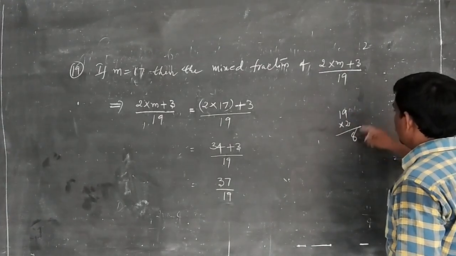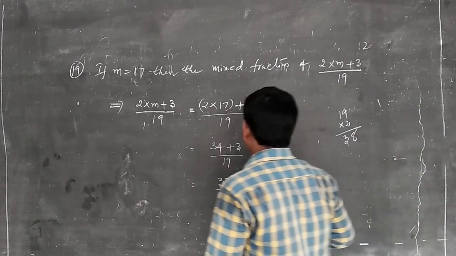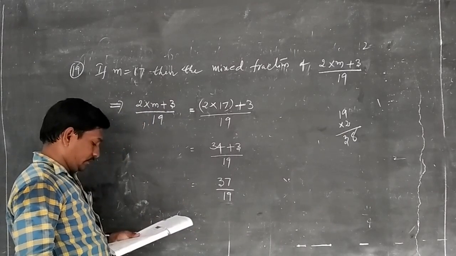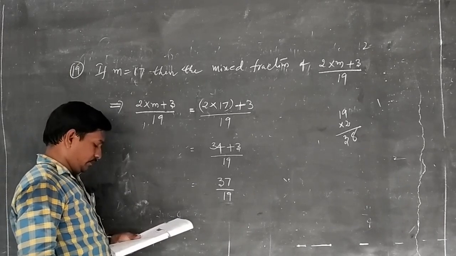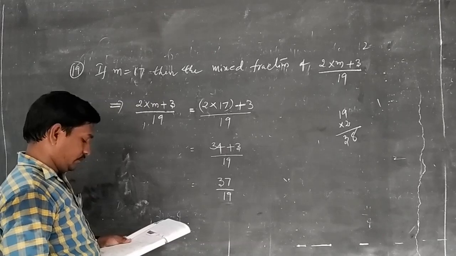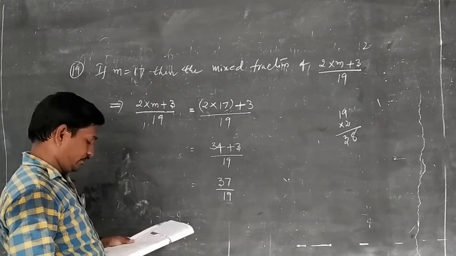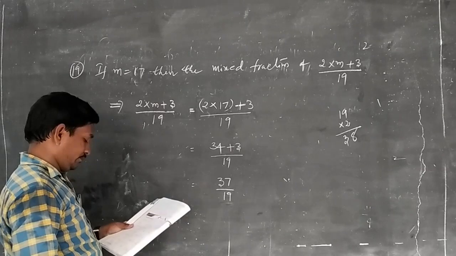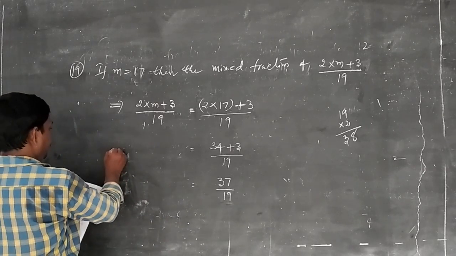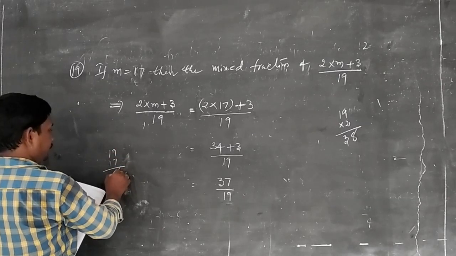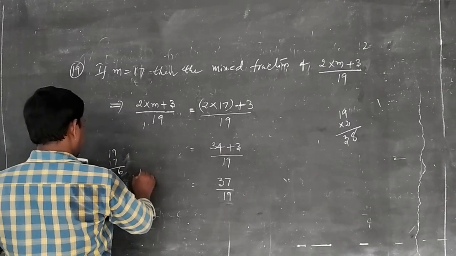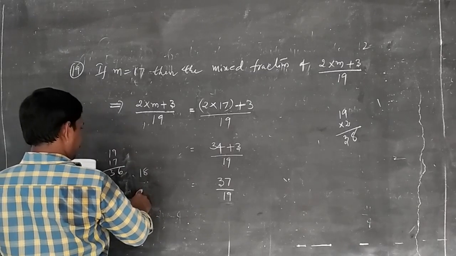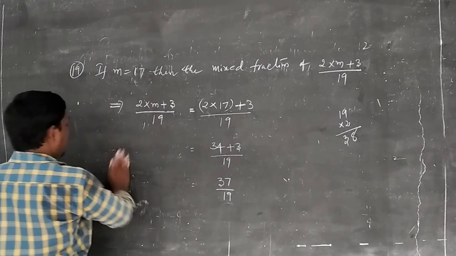Two nines are 18 plus 1, 38. But take only one time.